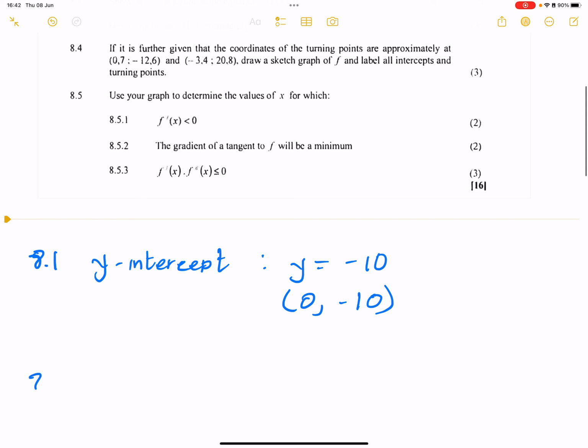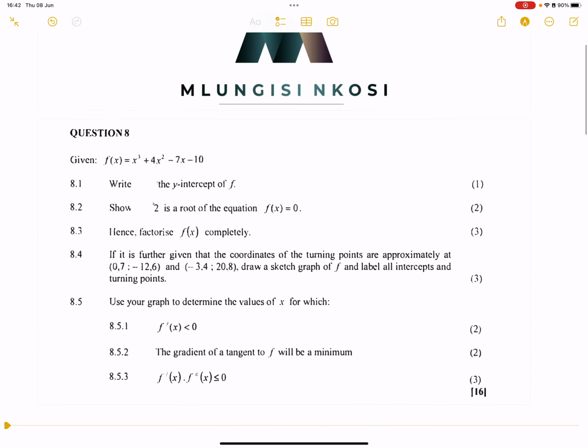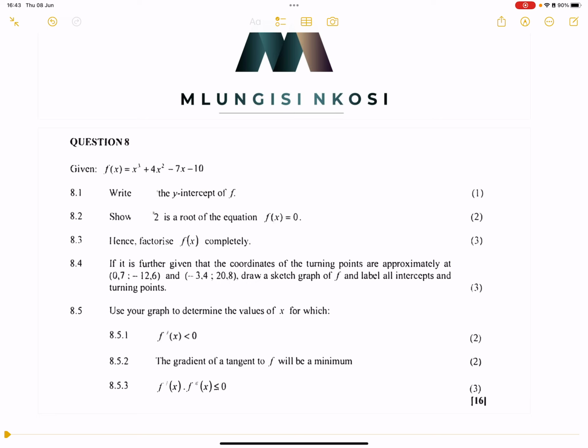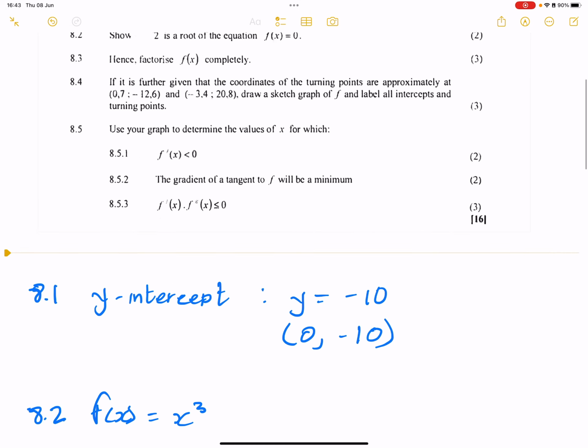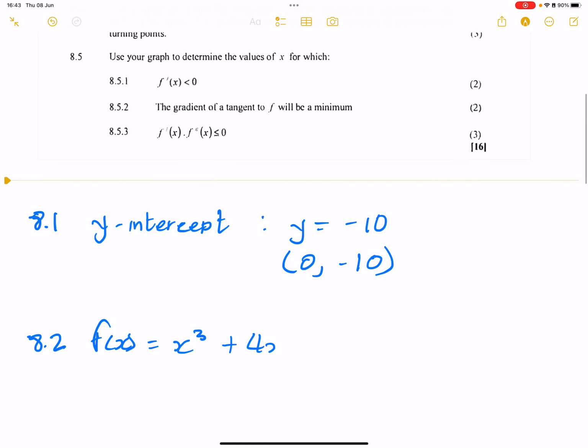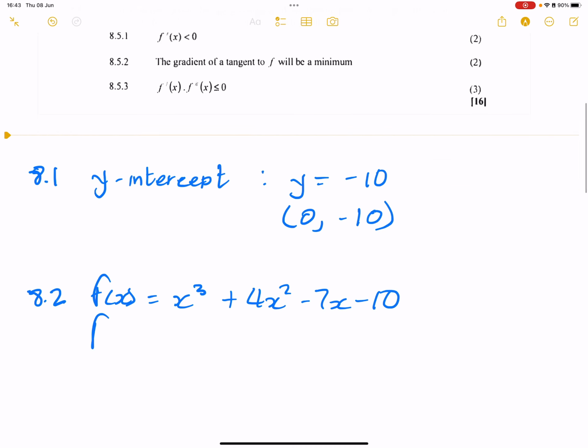In this case, we're simply going to substitute x equal to 2 and see if it gives us 0. So f of x is x cubed plus 4x squared minus 7x minus 10, so f of 2 is 2 cubed plus 4 times 2 squared, minus 7 times 2, minus 10.